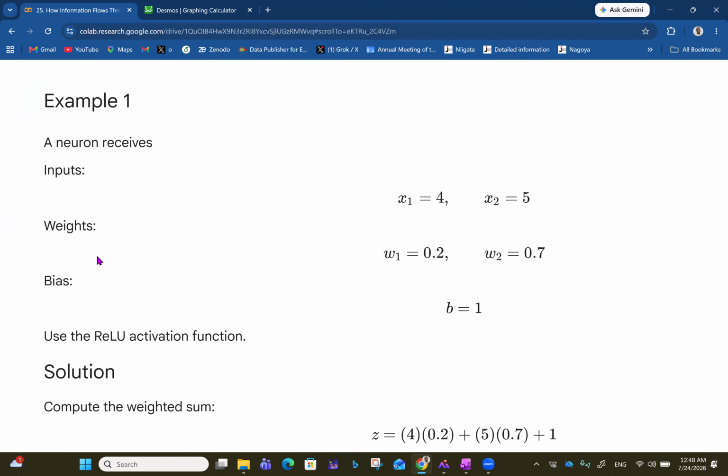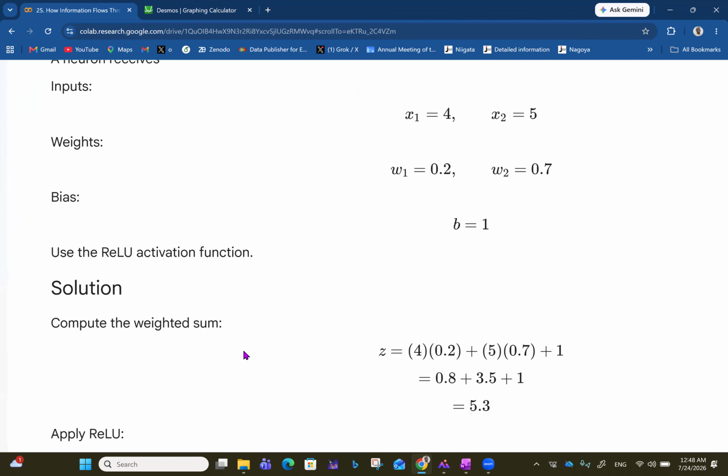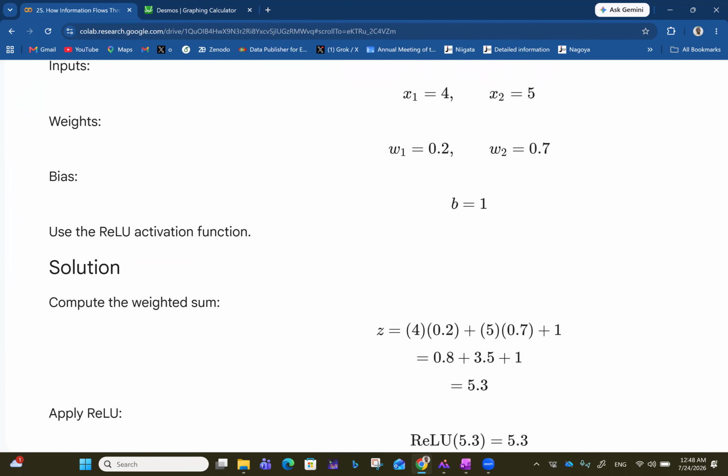So let's take examples to drive home the point about all of these things. Now, a neuron receives inputs, x1 is 4, x2 is 5, and the weight attached to x1 is 0.2, the weight attached to x2 is 0.7, meaning that x2 carries more weight than x1, and then the bias is b equals 1. Using the ReLU activation function, we compute the weighted sum first. So z equals 4 times 0.2 plus 5 times 0.7 plus the bias, which is 1.